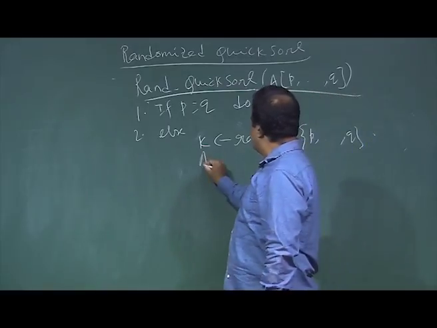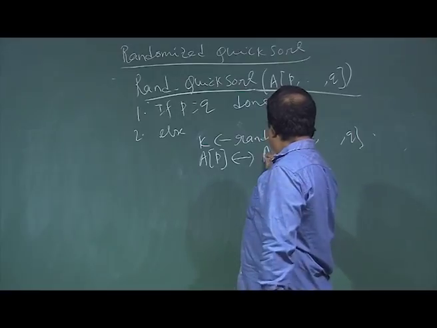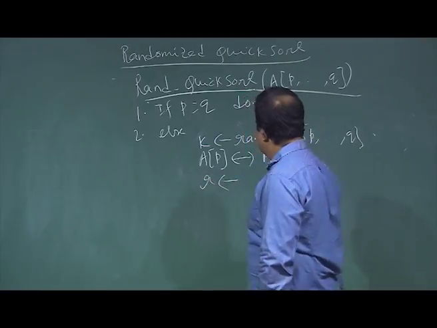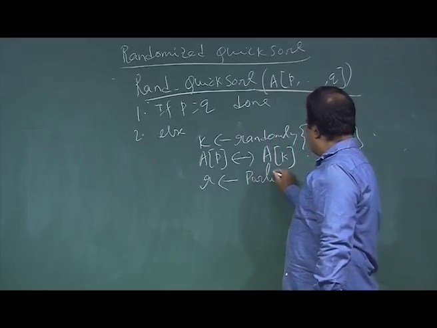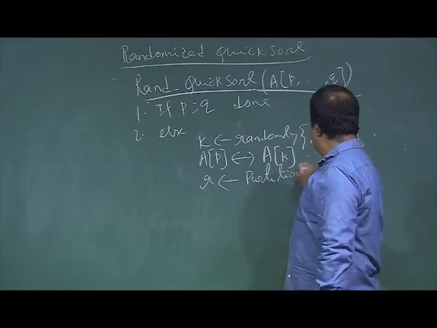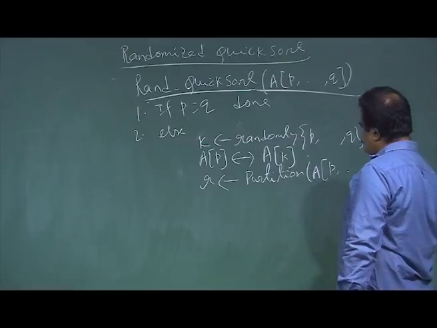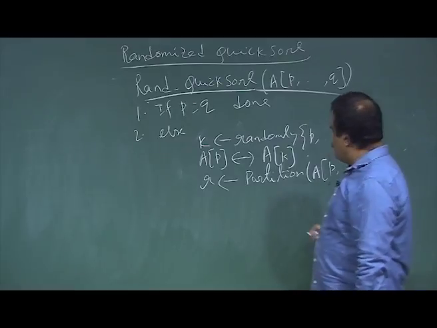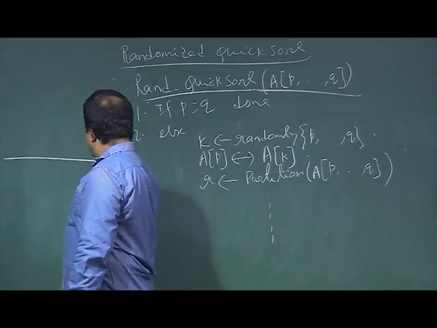Now we exchange ak with AP, because our partition takes the first element as the pivot. Then we call our original partition algorithm, where the first element is the pivot. Then it will partition into two parts, and then we just call quick sort on them.